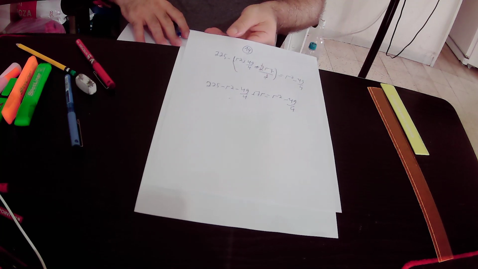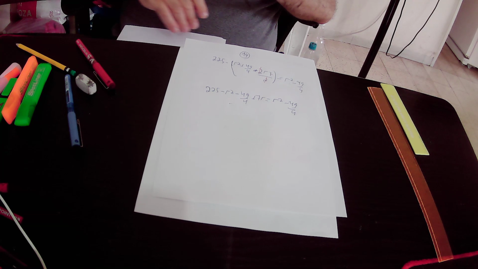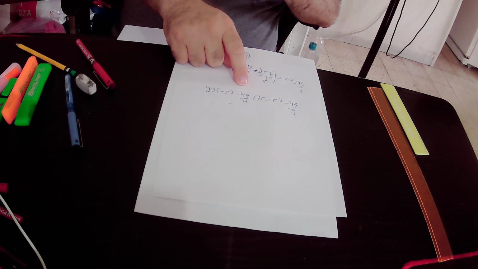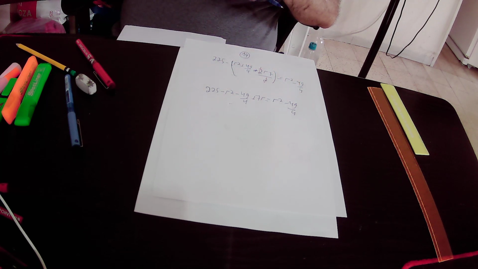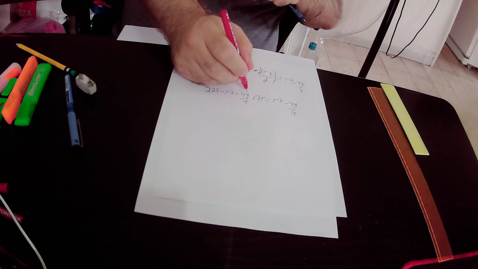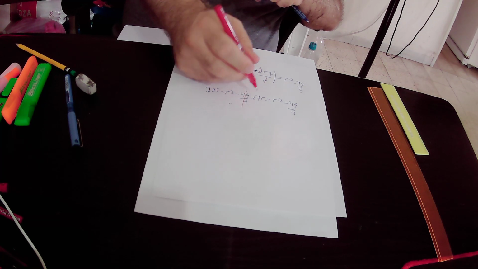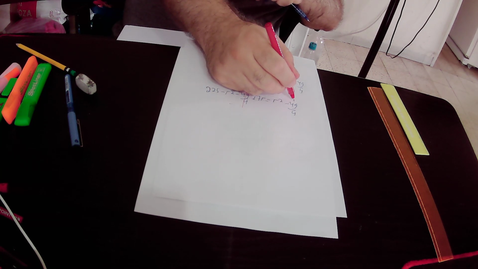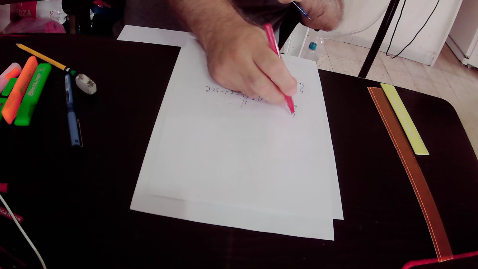So here we have minus 49 over 4 on this side of the equality, and we have minus 49 over 4 on the other side of the equality, so we'll cancel minus 49 over 4 because we have them on both sides of the equation.